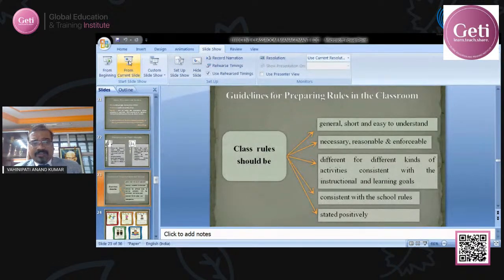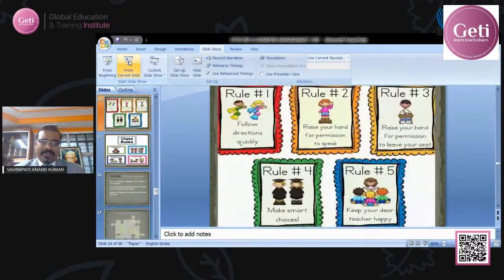So the classroom rules should be general, short, easy, necessary, reasonable, and enforceable, different for different kinds of activities, and consistent with the school rules and stated positively. Most important, classroom rules should be framed in consultation with the students, and they should be easy and simple.